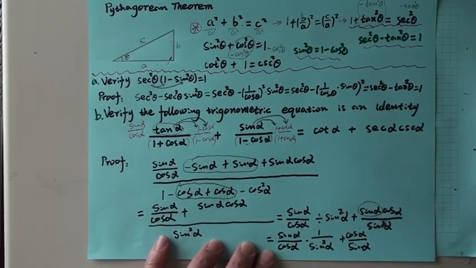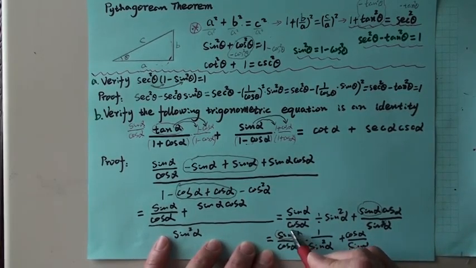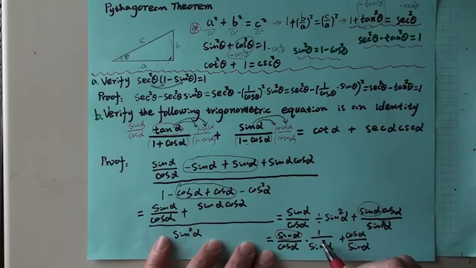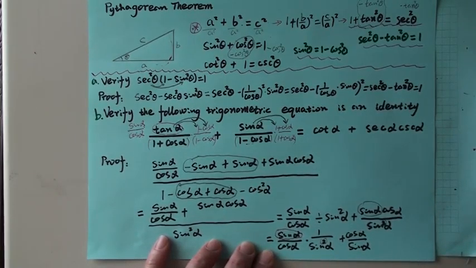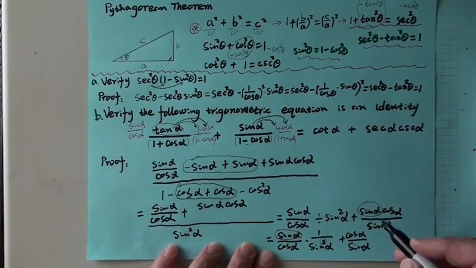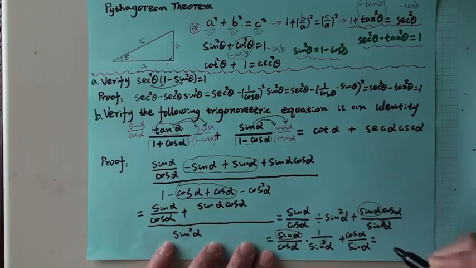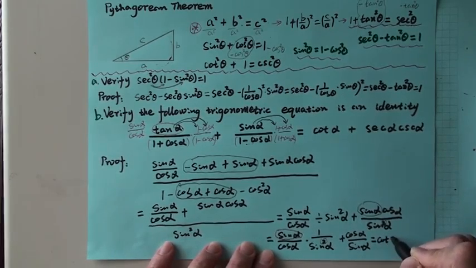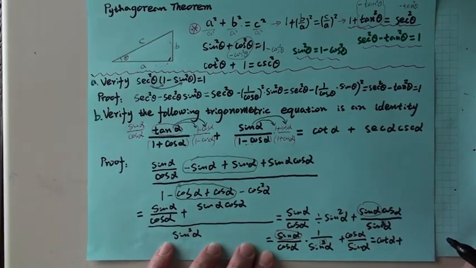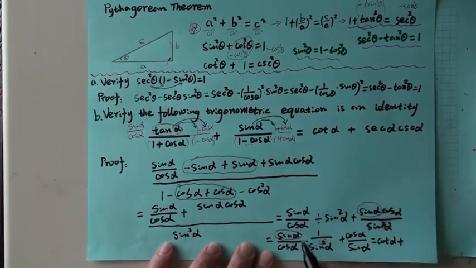Similarly, right here you may cancel this sine alpha. Here is sine alpha squared, so one power of sine alpha disappeared. So what do we finally get? Cosine alpha over sine alpha is cotangent alpha. And then plus this quantity.